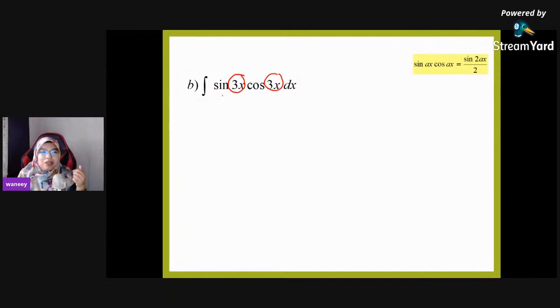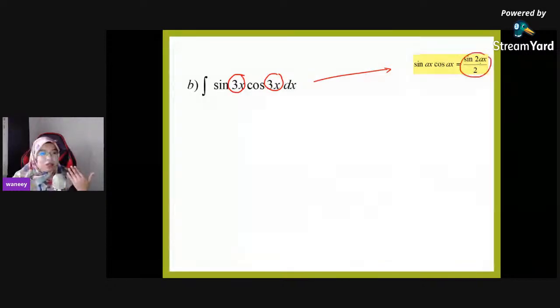So I cannot integrate them directly because this is a product. So that is the reason why I need to modify them first into something that I know I can use some basic rule. So sine of ax cos ax is actually sine of 2ax over 2. Okay, so this is actually sine of 2 multiply with 3x over 2.